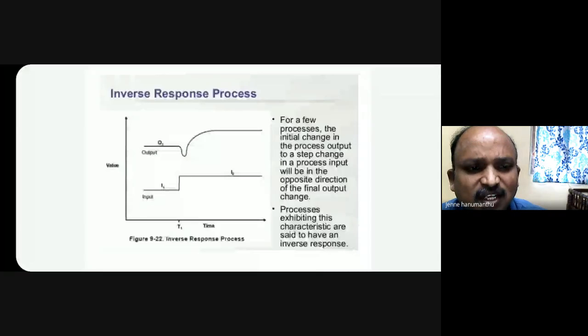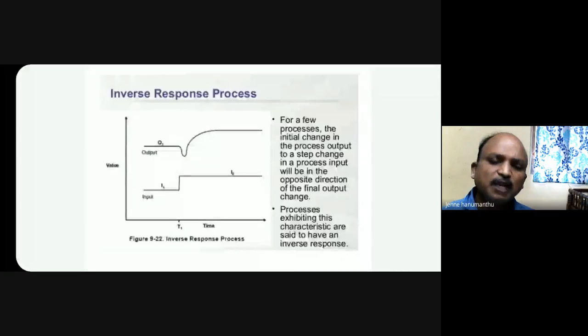But from the output of the system, what output are we expecting? You tell me as an engineer, what type of output are you expecting? You are all studying the control systems subject, right? If I give a step change input to a control system, what type of output am I expecting? The same step change on the output side.